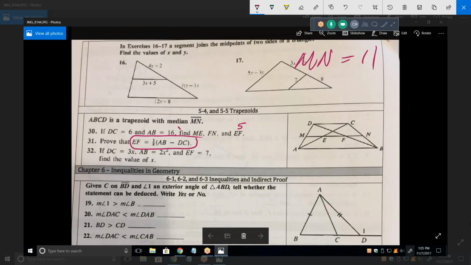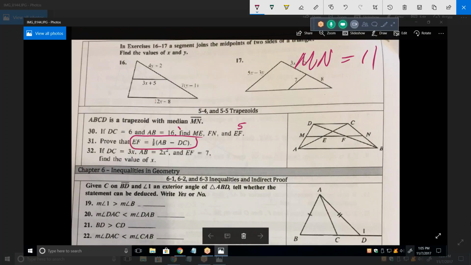EF is half the difference. Wow. Because we know that MN is half the sum. So it's half the difference. Wow. The EF is half of the difference of the top base and the bottom base.